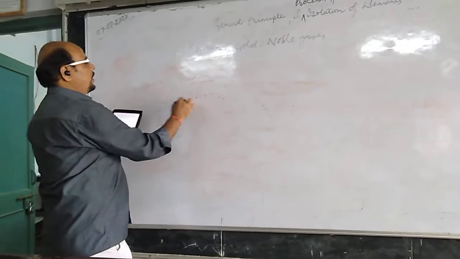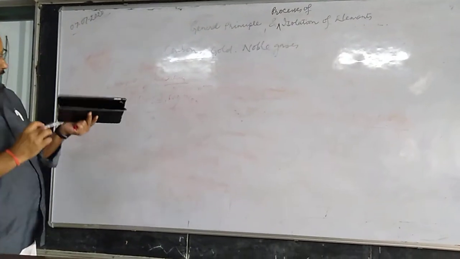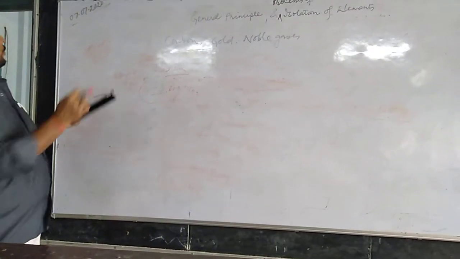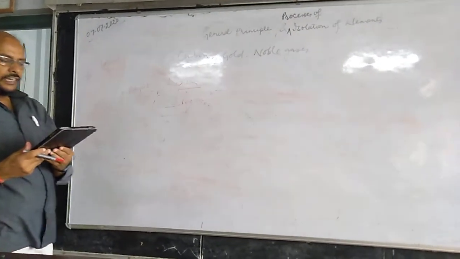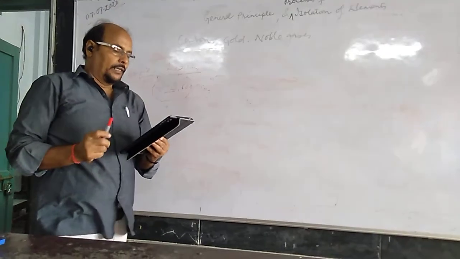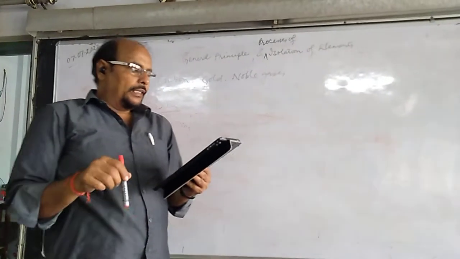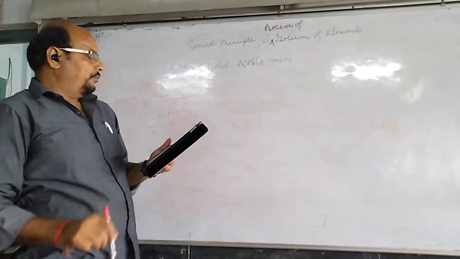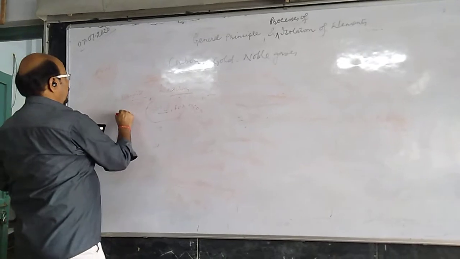Now these impurities are to be removed so that the bauxite ore can be concentrated, and this is done by the process of leaching. How do we do it? Leaching is done by digesting the powdered ore with a concentrated solution of NaOH.